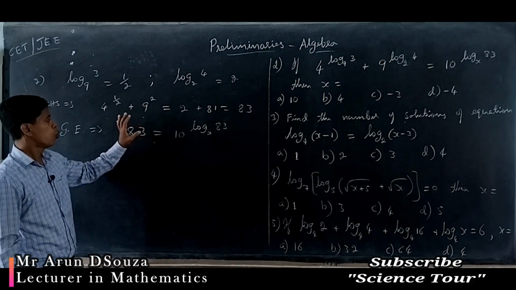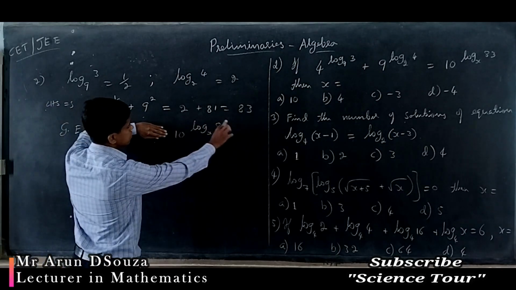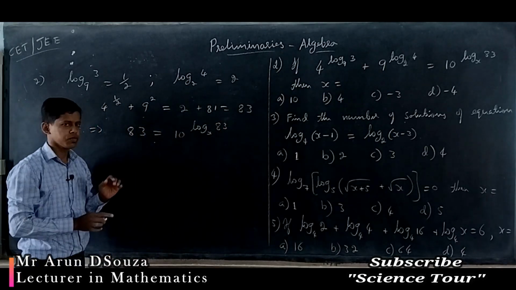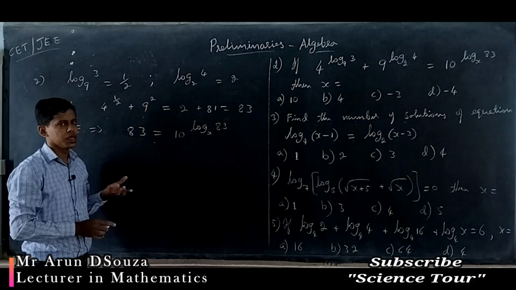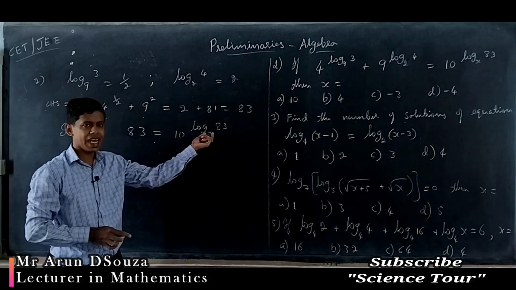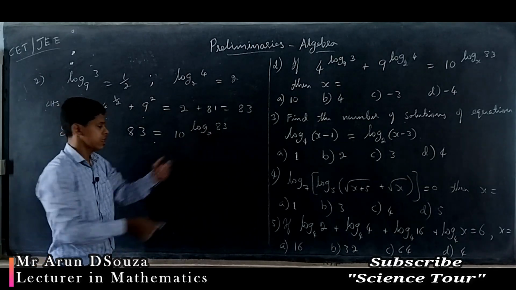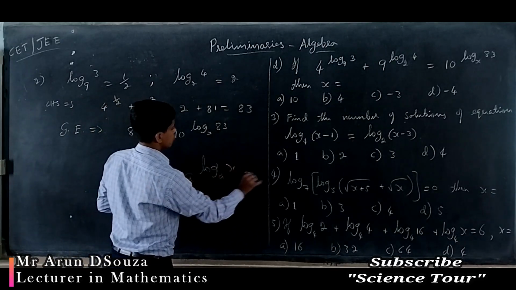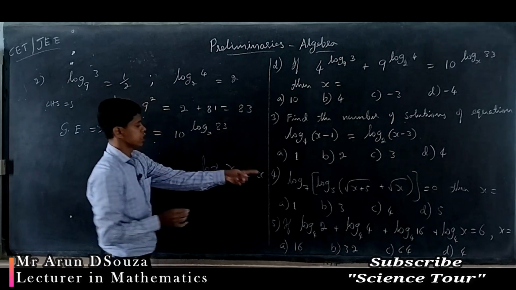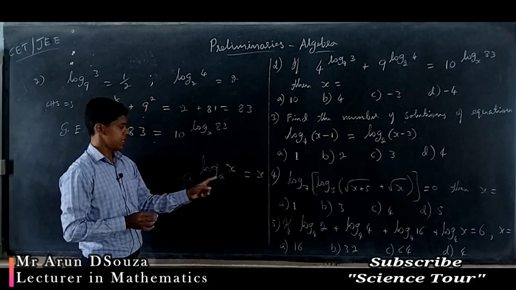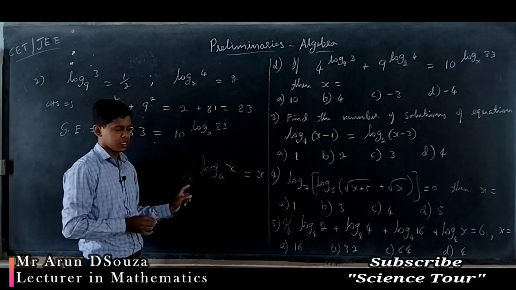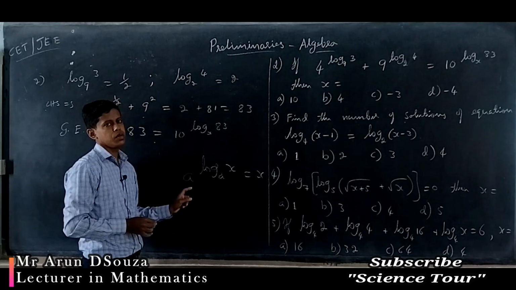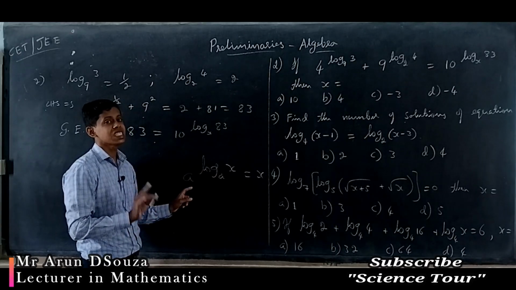Now when do you think this part will be 83? Yes, if the base is 10. If the base is 10, then you will be left with only 83. So the base of the log and the base of the exponential must both be the same.